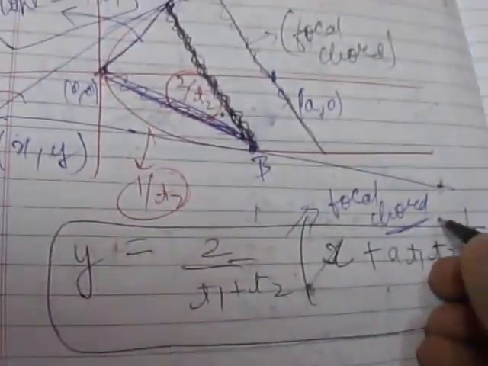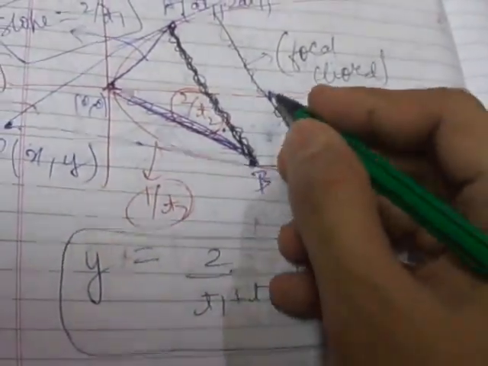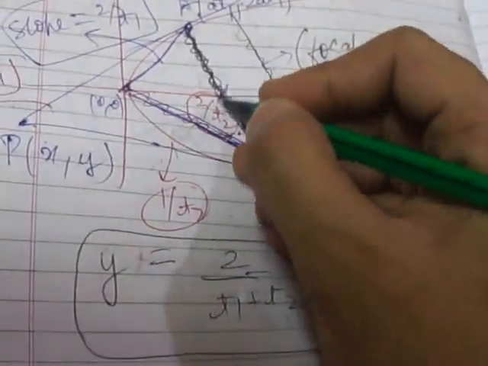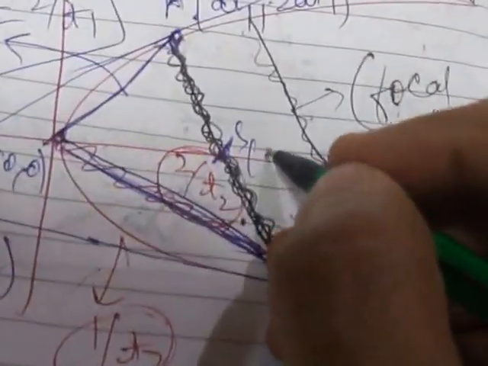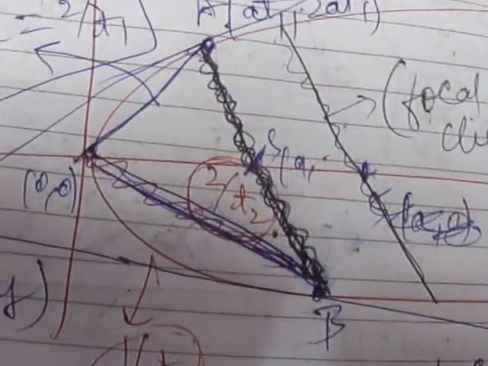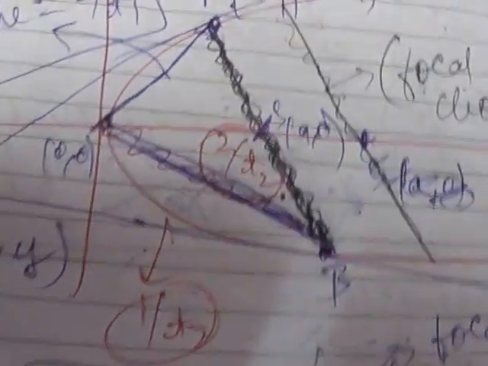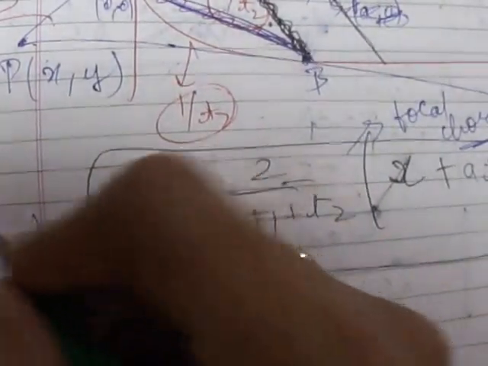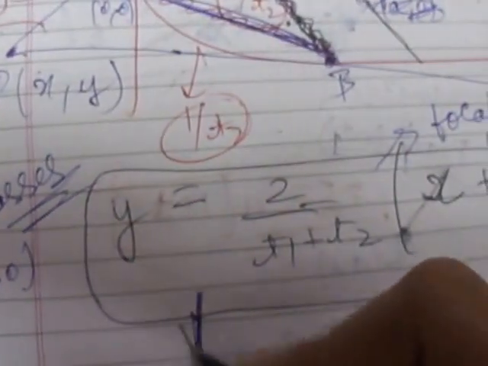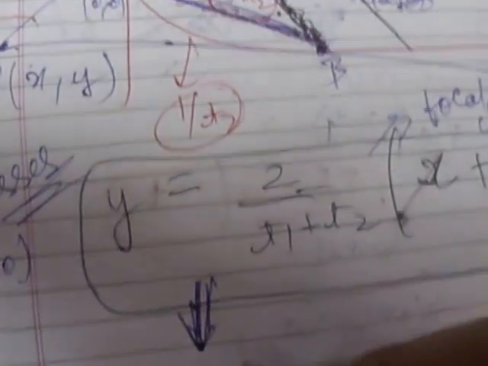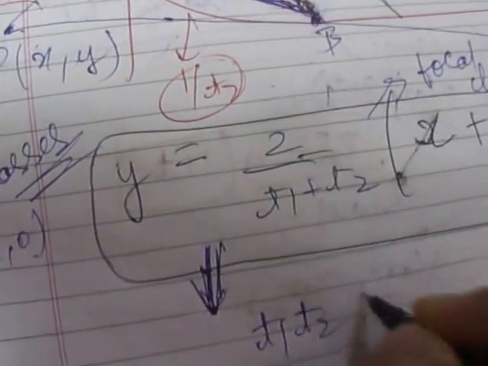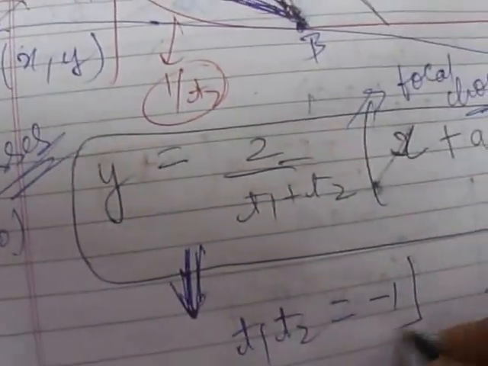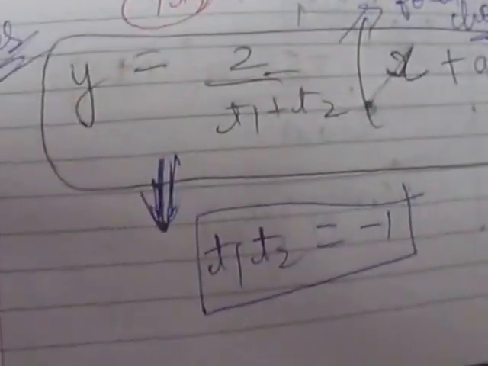A focal chord is a chord that passes through S, which is a comma 0. Solving this, we get t1 t2 equals minus 1. This is the relation you should learn, because it is very important for problem solving.